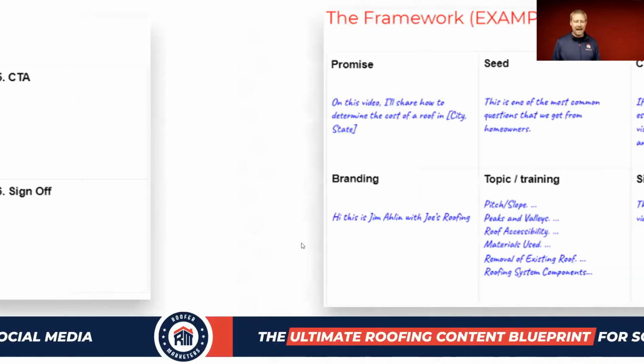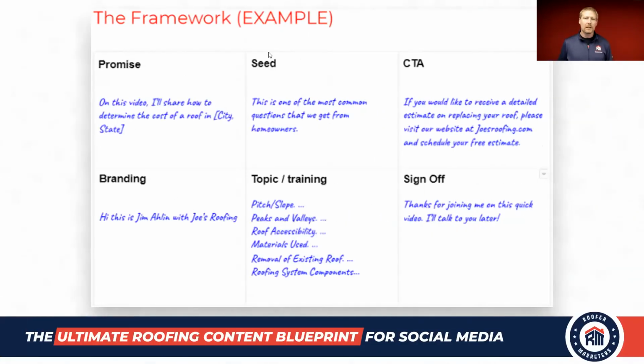So now let's look at that in action. The promise: "On this video today, I am going to show you how to determine the cost of a roof in Minneapolis, Minnesota. Hey, this is Jim Aline with Joe's Roofing, and this is one of the most common questions that we get from homeowners. So now let's talk about what determines the cost of a roof.